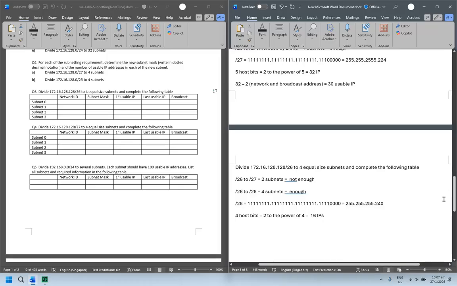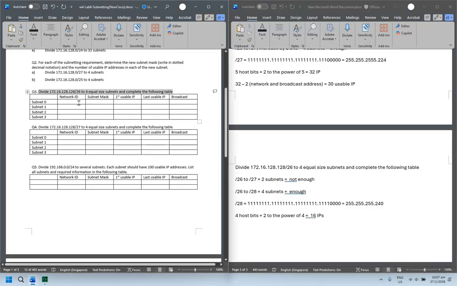Always know that when we are given an IP address, normally it will be a network address with the subnet mask. That address will always be the first address, the network address, of the first subnet or the first group.